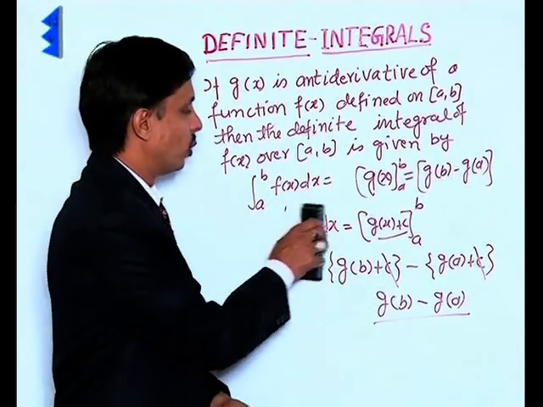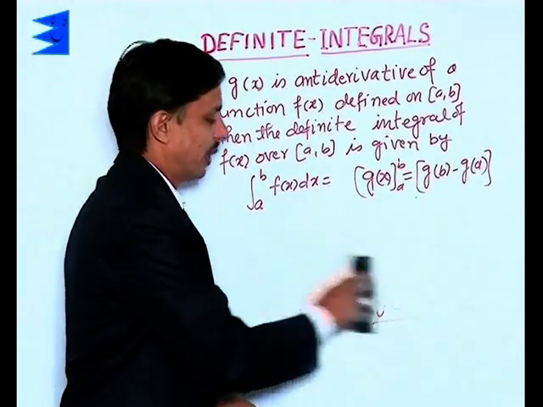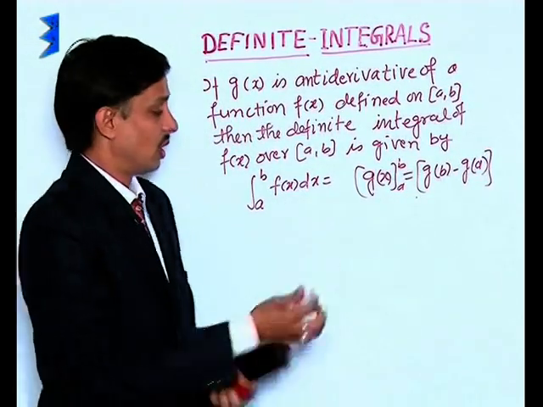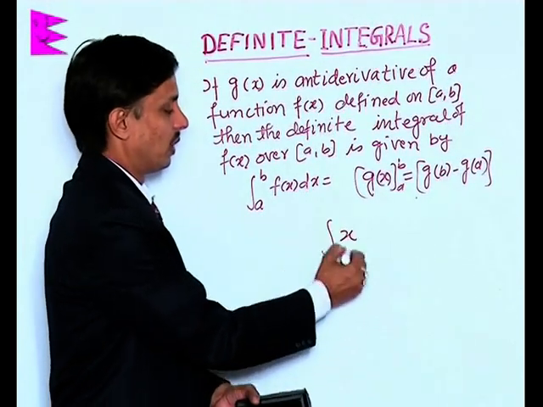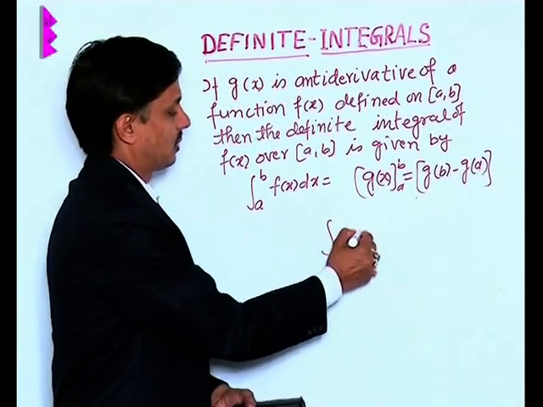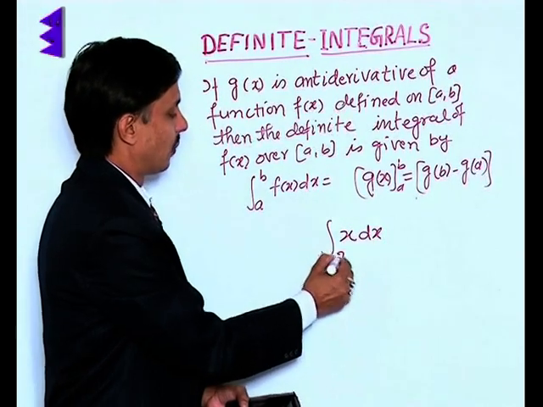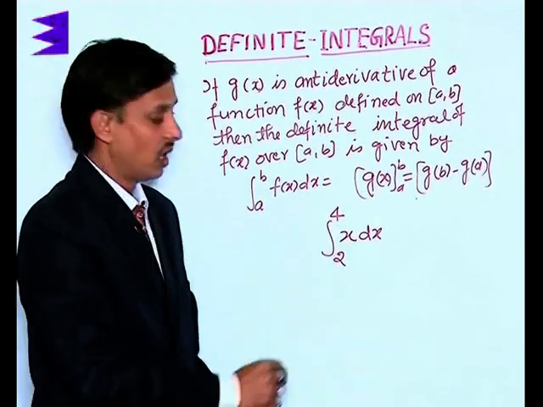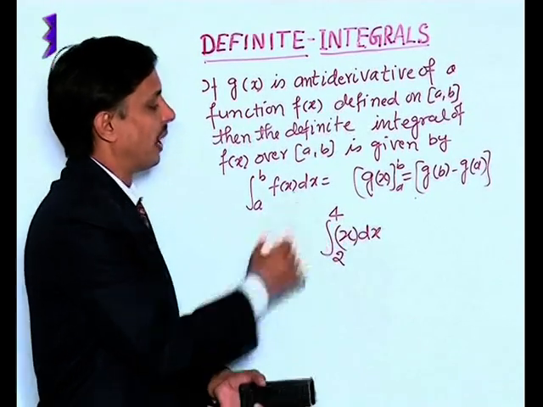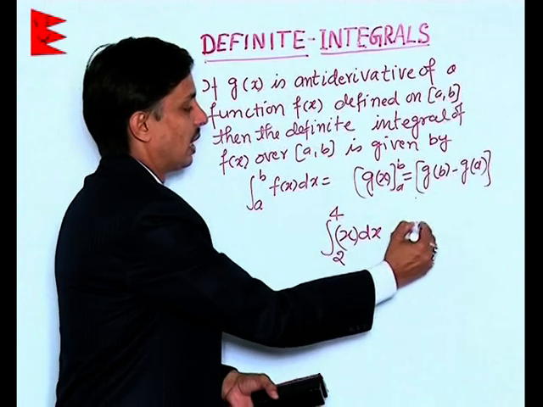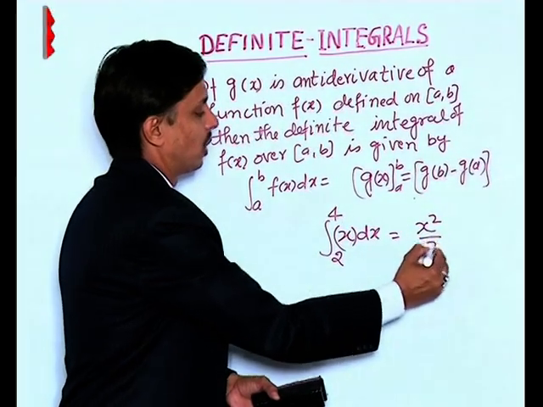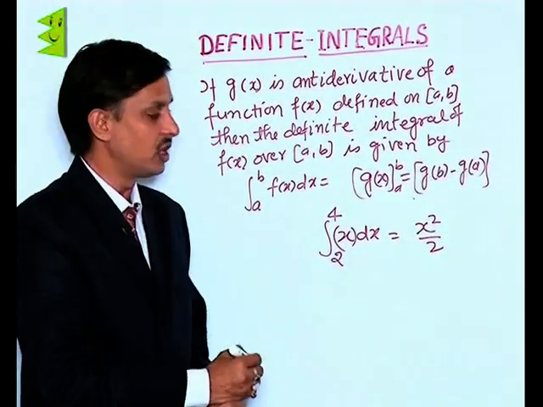If I explain it with the help of one very short example, suppose I ask you to get the value of the integration of x with limits from 2 to 4. If I want to find the integration of x as an indefinite integral, the answer is definitely x squared upon 2 plus the integrating constant c.